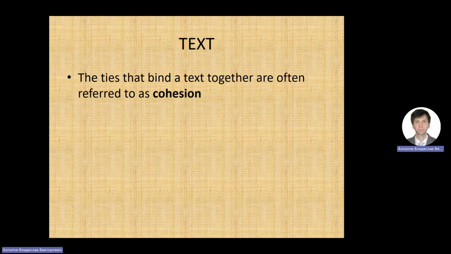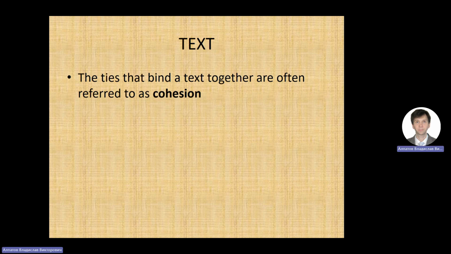And now let's talk about two characteristics that a text must have. This is something which a sentence does not have as such, or it does have, but on a much different scale. The ties that bind a text together are often referred to as cohesion.